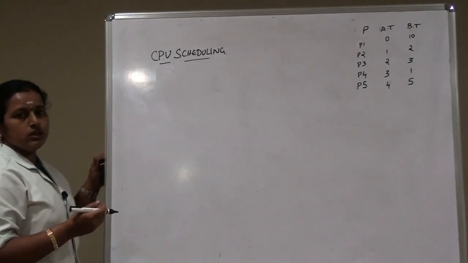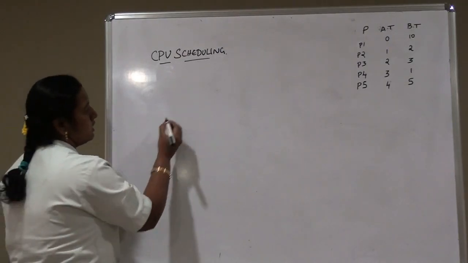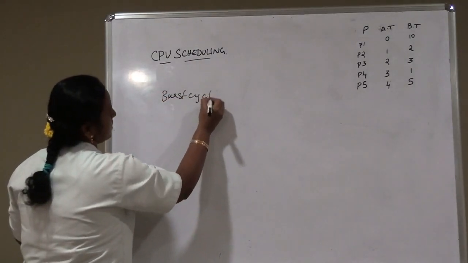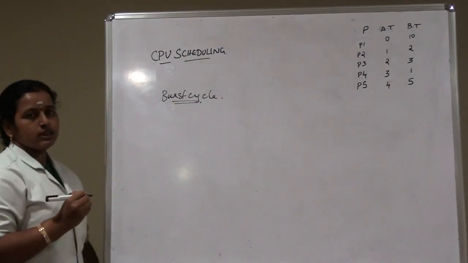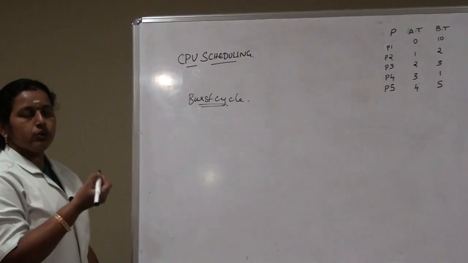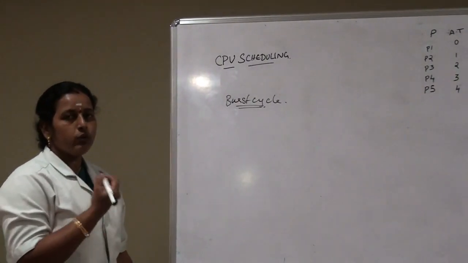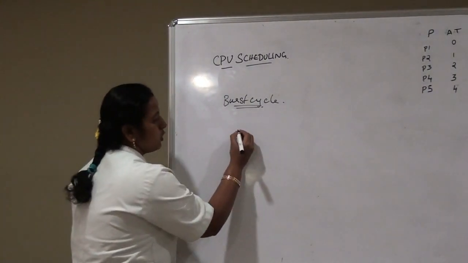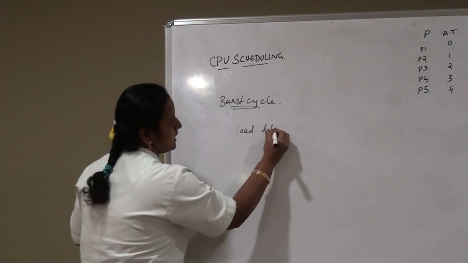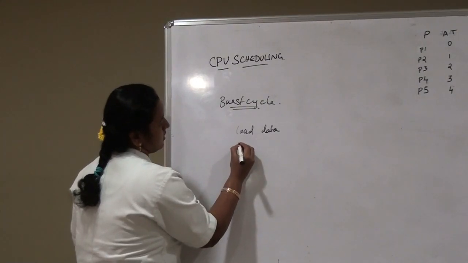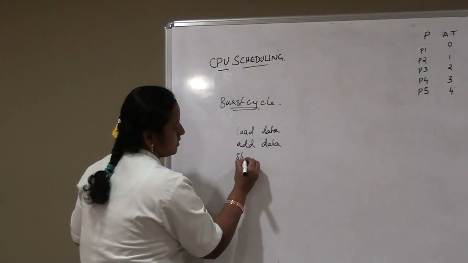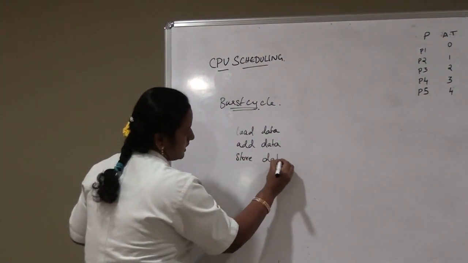In scheduling, the burst cycle is very important. A burst cycle is nothing but an event moving from the CPU to the IO device, or else from the IO device to the CPU. Normally: load data, add data, store data.